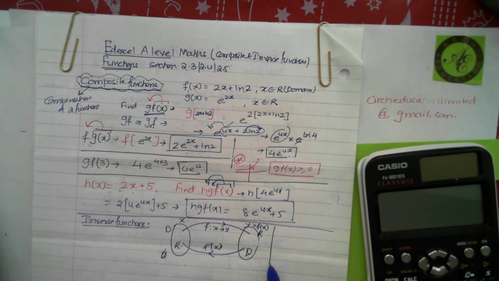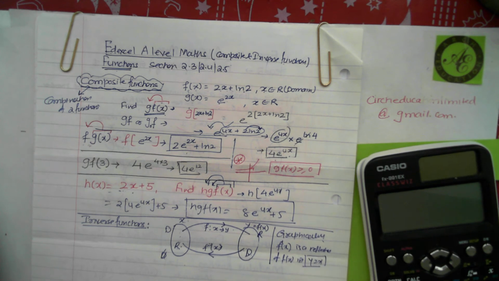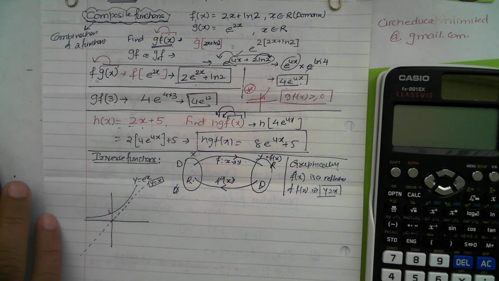And one more very important point, if you want to represent these graphically, it's really important that you understand this. f inverse of x is a reflection of f(x) in the line y equals x.